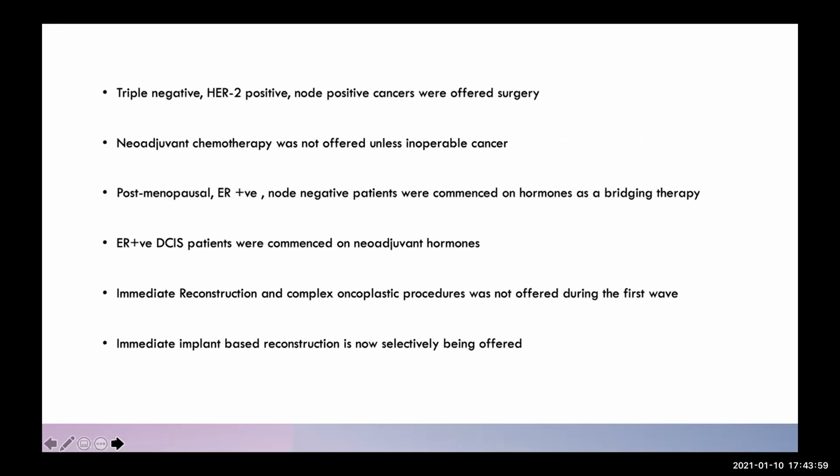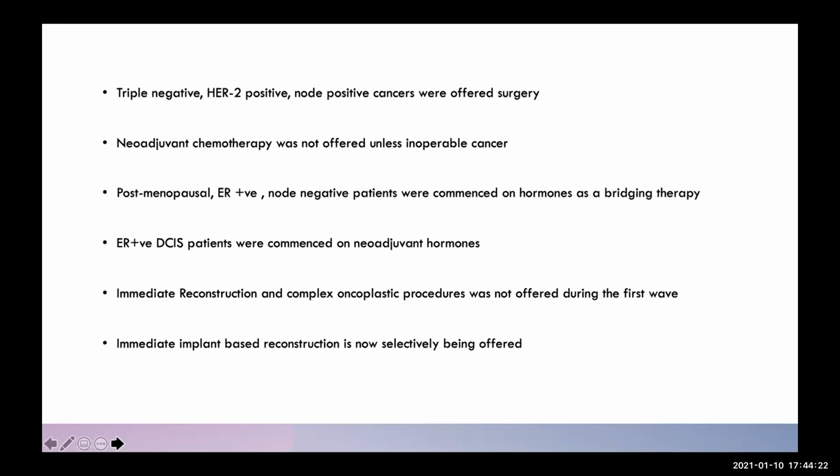Those patients who were ER positive and were postmenopausal, we started them on hormones as bridging treatment while we thought the pandemic situation may get better and they will be recalled to have surgery. For DCIS, we don't always start them on hormones, but we always checked if they were ER positive DCIS.